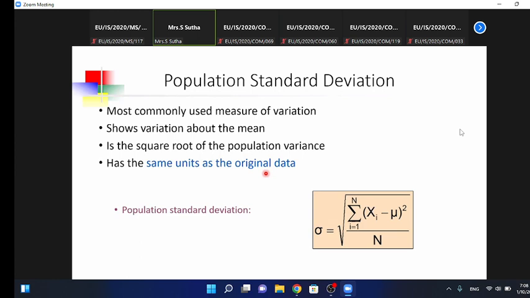We already learned the sample mean will be affected. The mean will be affected by the outliers. So the same question I am repeating here: will the standard deviation be affected by outliers? Yes or no?